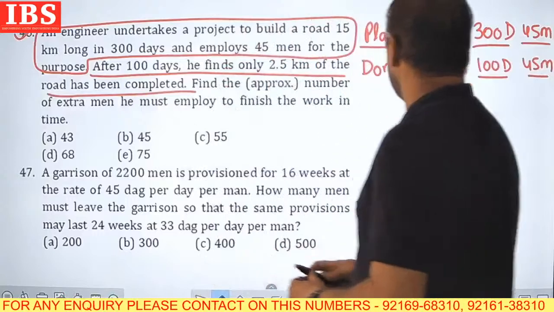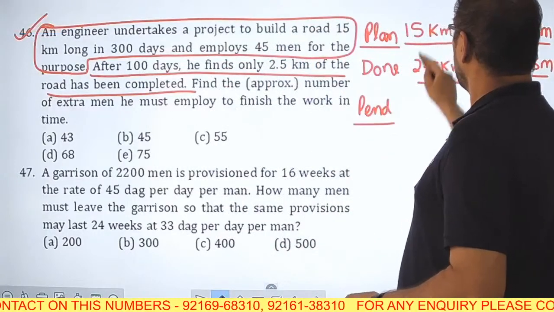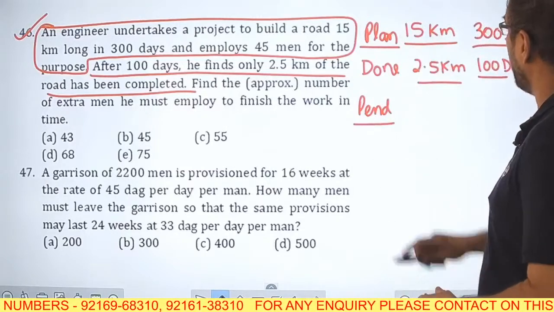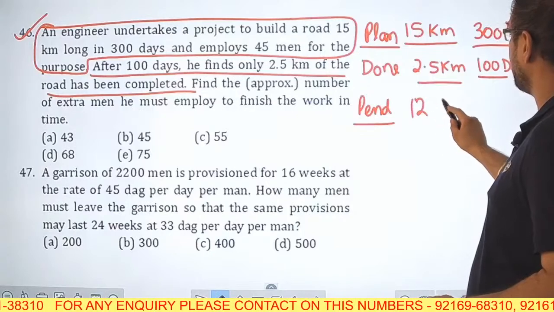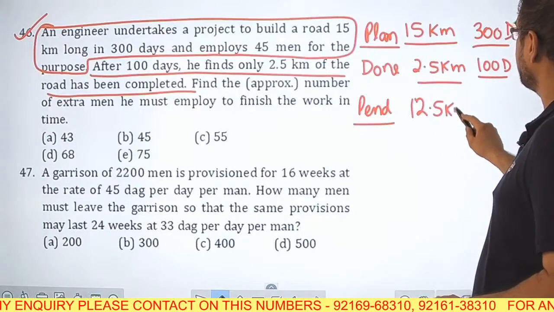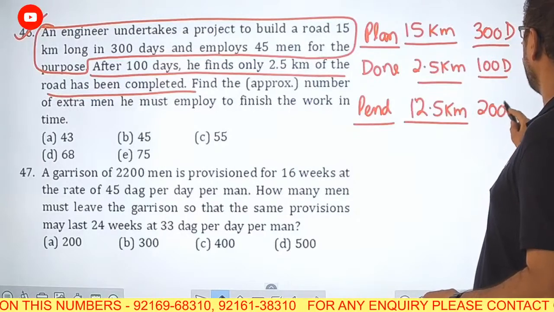And now the work pending is, because 15 kilometers was the total plan, so 15 minus 2.5 is basically 12.5 kilometers left pending, and 200 days are pending.